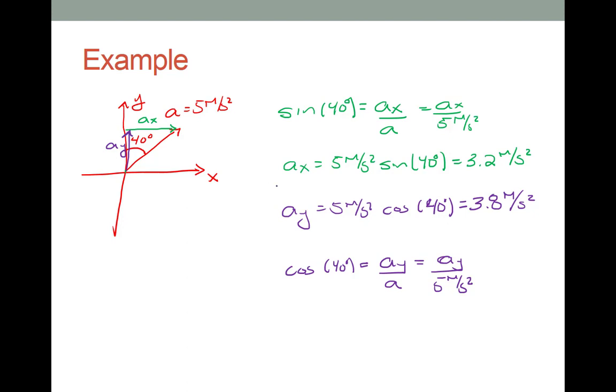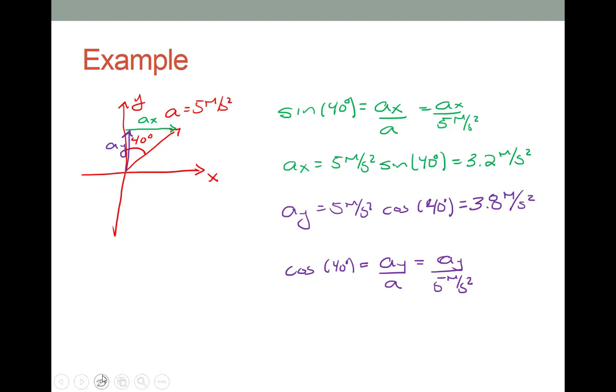Okay. One more thing. Let's pretend for a minute that you knew ax and ay, and you wanted to find the angle. Okay, so I'm rearranging the question here a little bit.